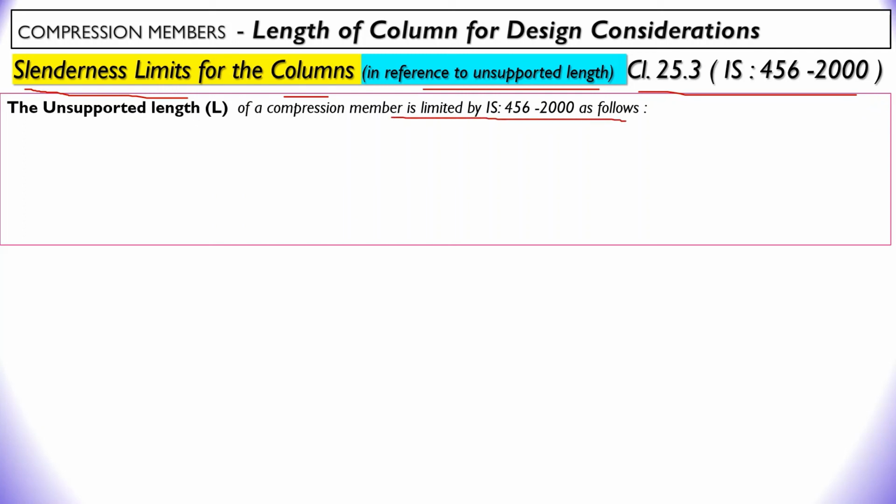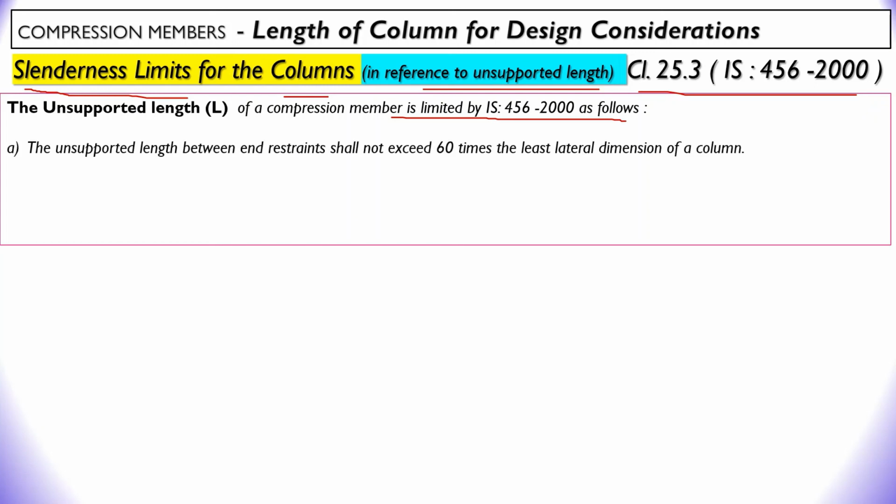These are a few guidelines which we are going to discuss. The very first guideline is that the unsupported length between end restraints, that means end supports, shall not exceed 60 times the least lateral dimension of the column. This is one of the conditions which we have to take into mind while we are talking about the unsupported length of the compression member.